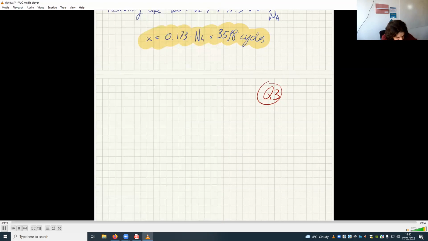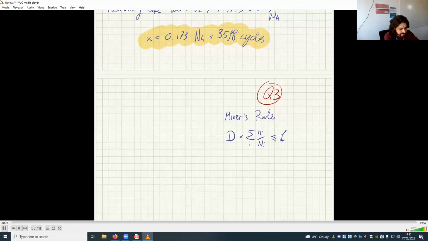So remember Miner's rule: D should be smaller or equal than the sum of Ni over capital Ni. That's for the damage to remain small. So D is equal to this, but this means smaller or equal to 1 for some life left.